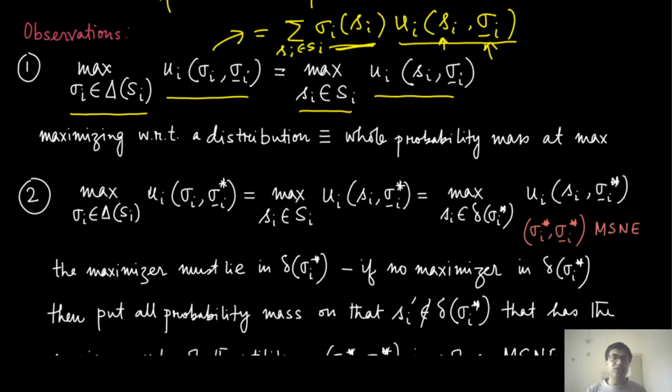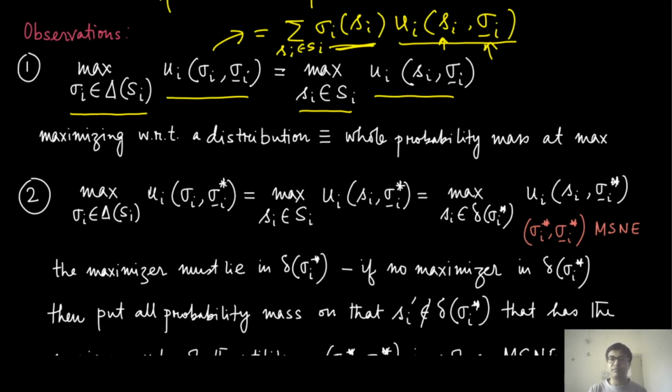Now, how can you maximize with respect to a distribution? You can think of these utilities as individual numbers. You have n different numbers, and you are asked to take a weighted average of them to maximize. What should you do? The most obvious thing is to put all the mass on the maximum value, and that will give you the maximum weighted average.